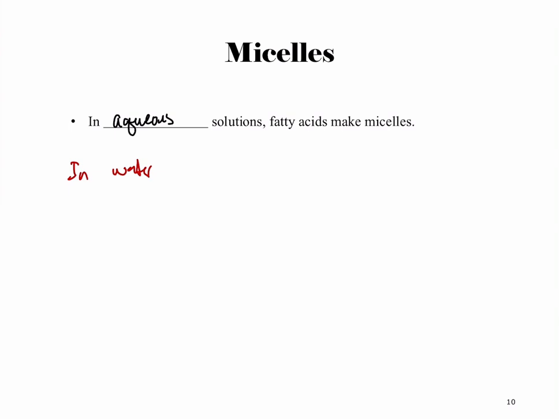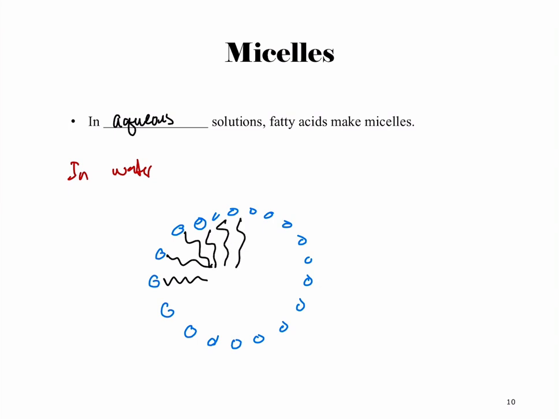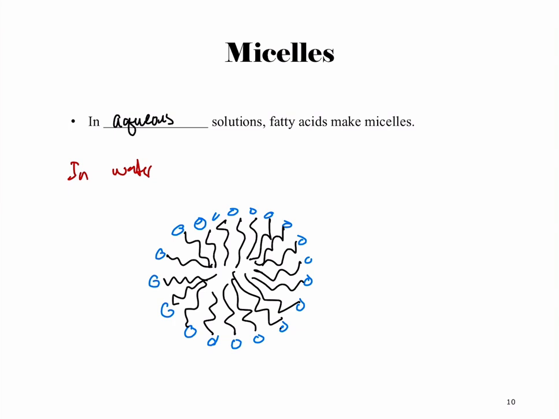And what that looks like is the polar heads are going to surround and encircle each other, and the nonpolar tails are all going to stay close to each other and face inward to form a three-dimensional sphere called a micelle. And so this is the same chemistry principle you guys have been learning for a couple of years now, that like likes like.